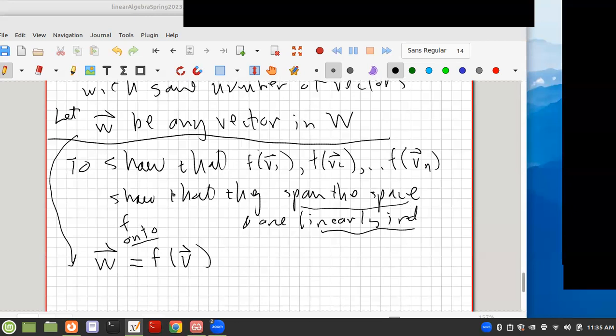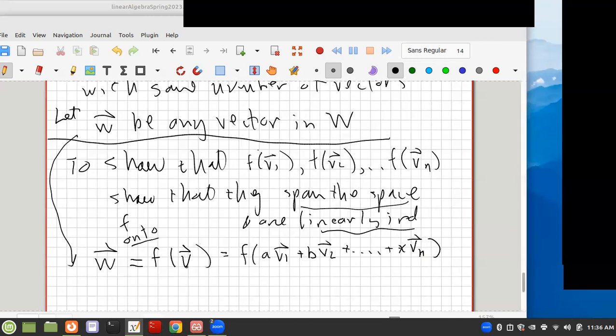Now, because V is in the domain, and because the vectors V1, V2, up to Vn form a basis, we can write this as F of A V1 plus B V2 plus, say, X Vn, right?